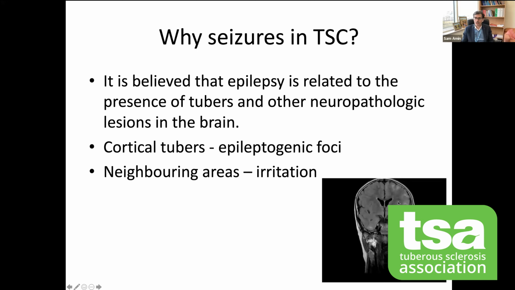But it's not just the tubers, and maybe other things are also contributing to seizure formation, because if you take these white patches out, you may still have seizures. So maybe the neighboring areas around the tubers are also contributing to seizures, because they get a bit irritated and cause seizure activity.